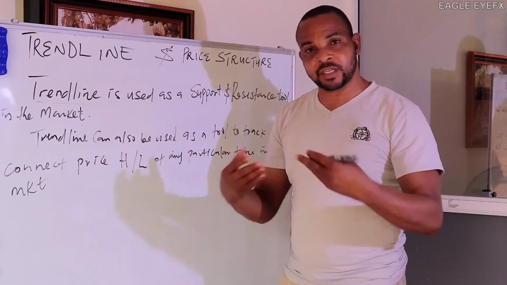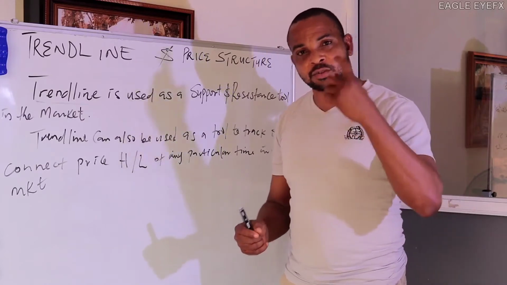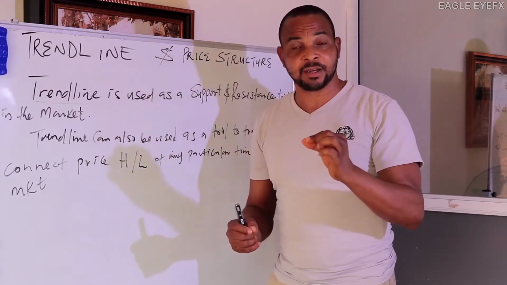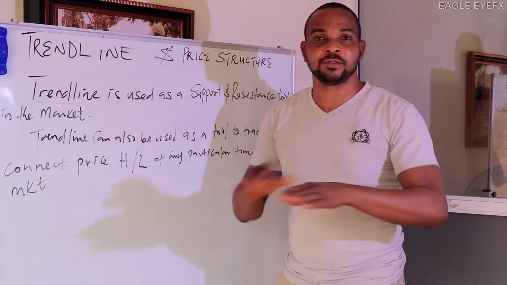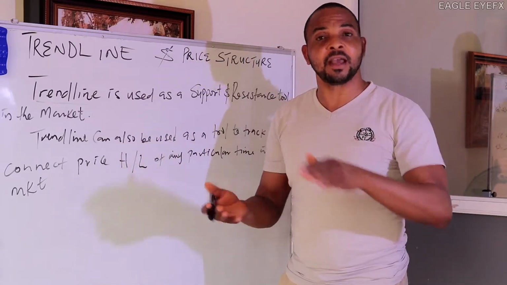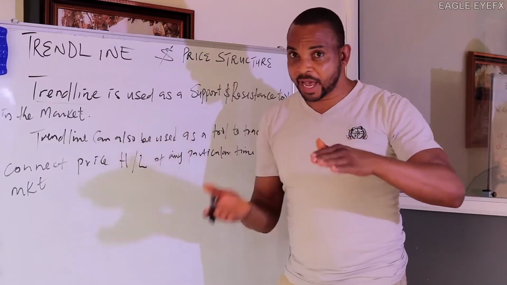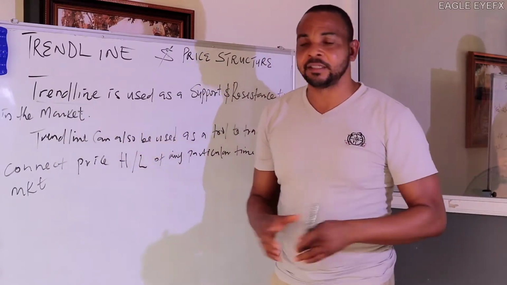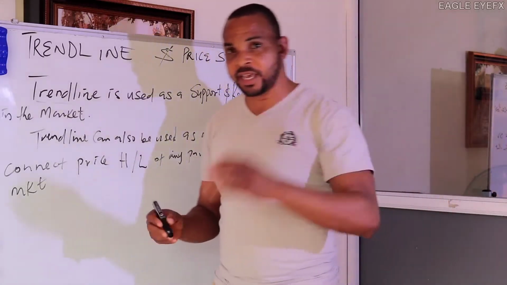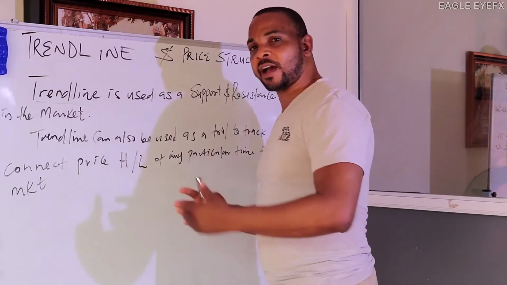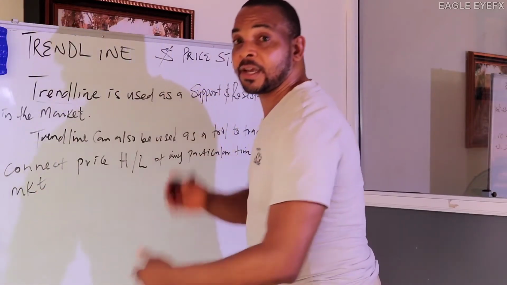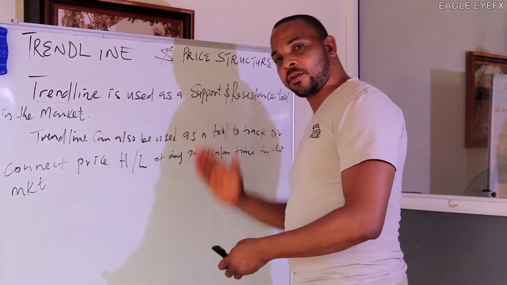Now, in connecting trend line, we need to take note of one thing. If you do that thing wrongly, let me tell you, you are going to mess up everything and your entry will be bad. Before you connect trend line, get this straight into your head. You need to have about 2 to 3 candles to your left and 2 to 3 candles to your right.